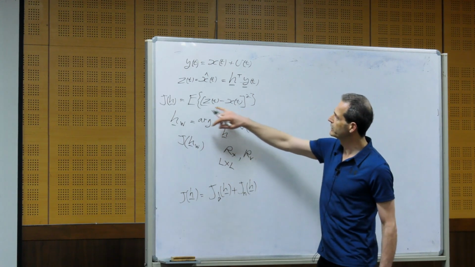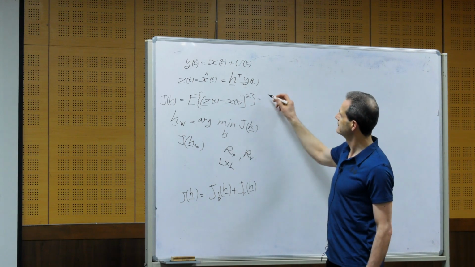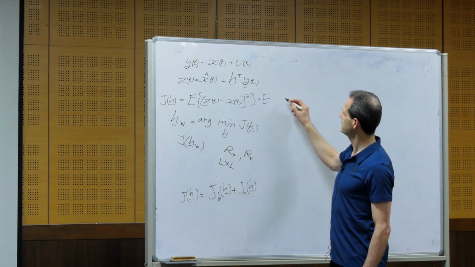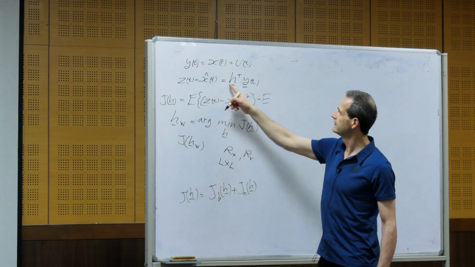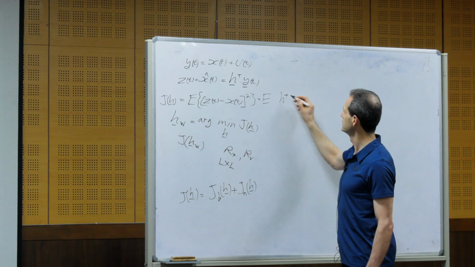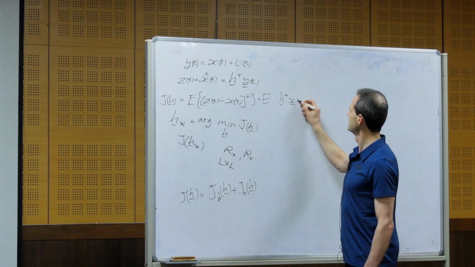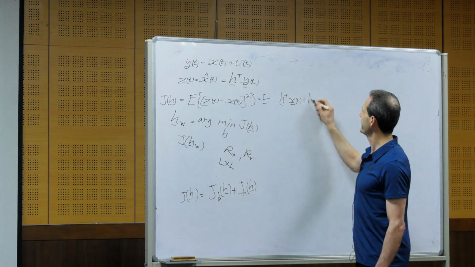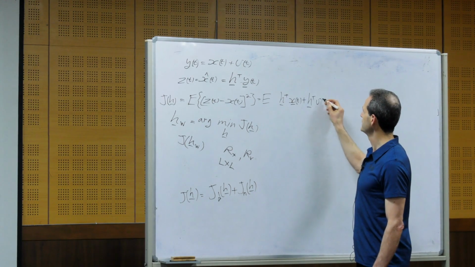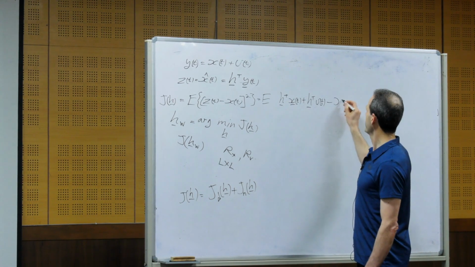Because if we write this, we can write it as the expectation of z, which is h transpose x plus h transpose v, minus x(t).